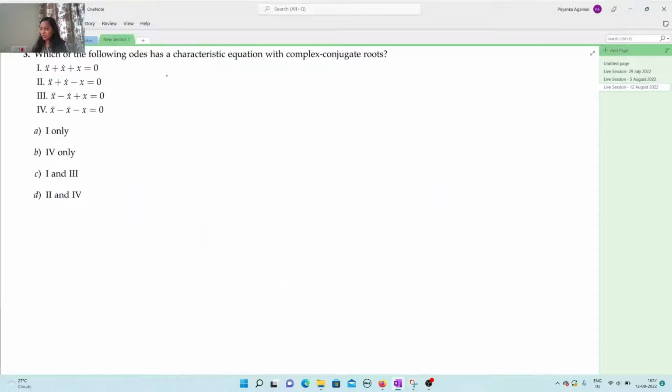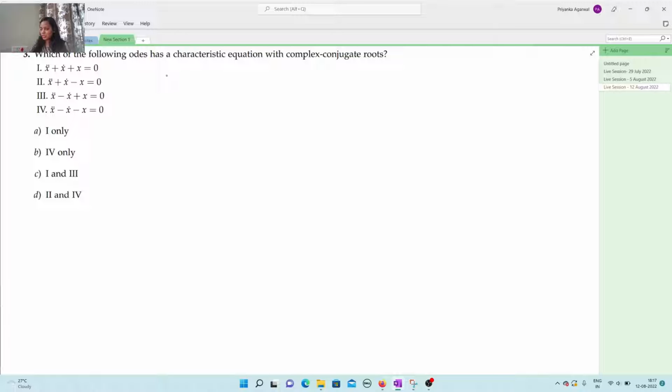Okay. So in case 1, first, to find the characteristic equation, what we have to do is substitute the solution e to the power lambda t.